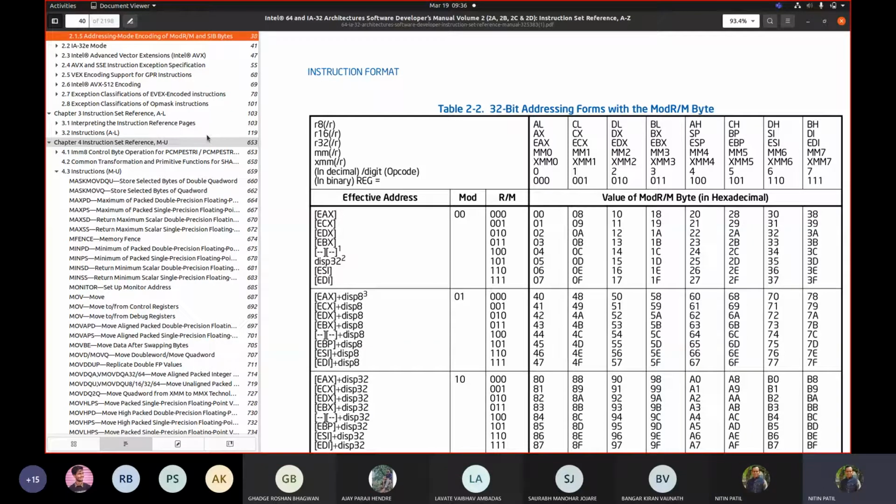Now, what happens when we talk about the code where we computed the address, like we said, base plus index multiplied by size? Now that size would be the scaling factor.